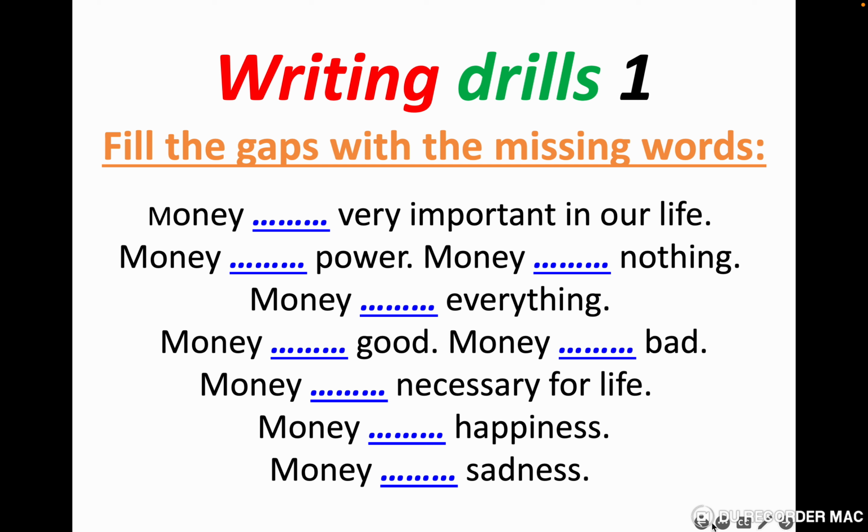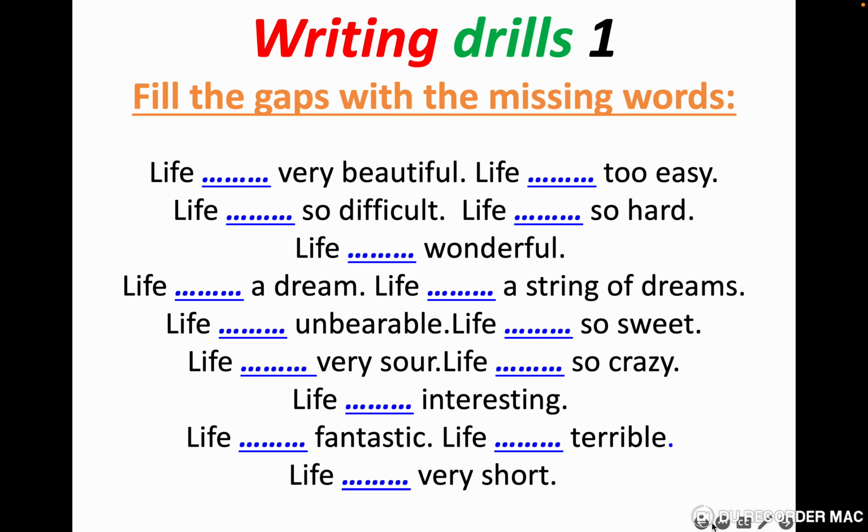Money is good. Money is bad. Money is necessary for life. Money is happiness. Money is sadness. So it's very easy. You know the missing word. So write them on the paper and go to the next slide.